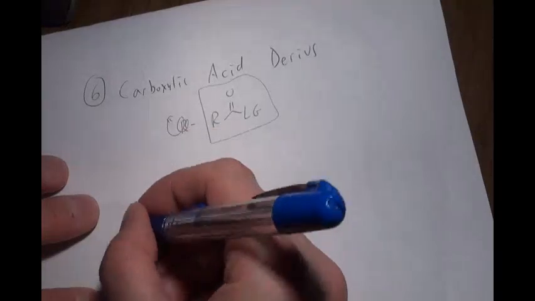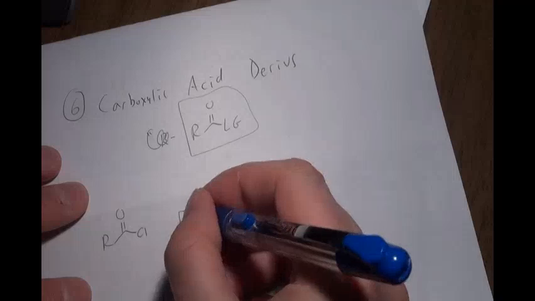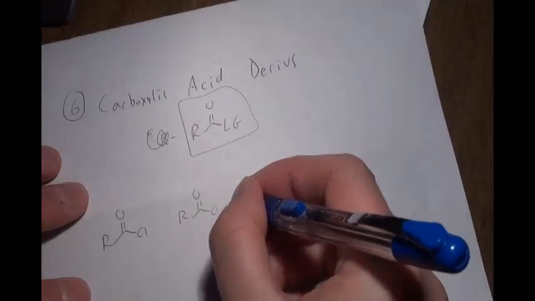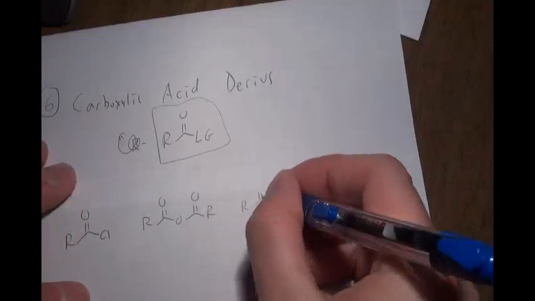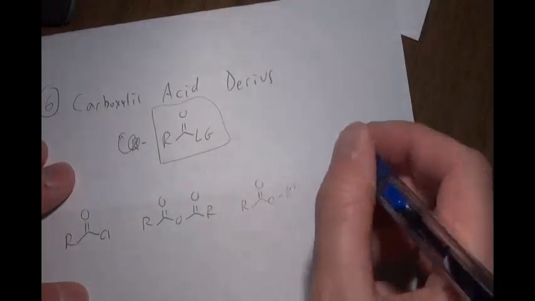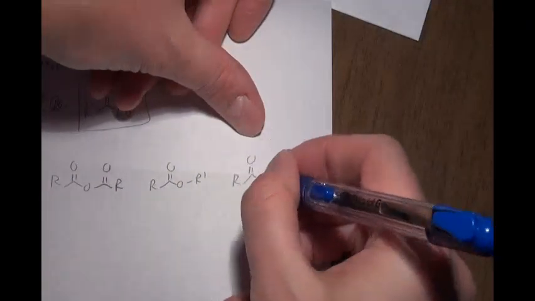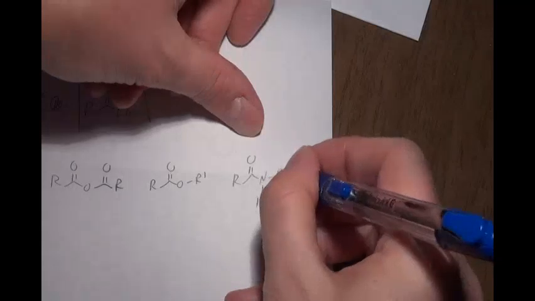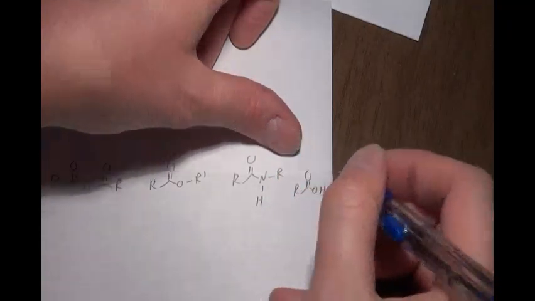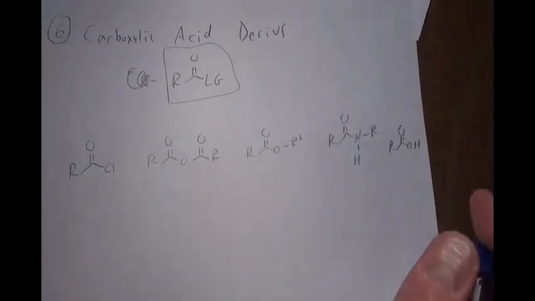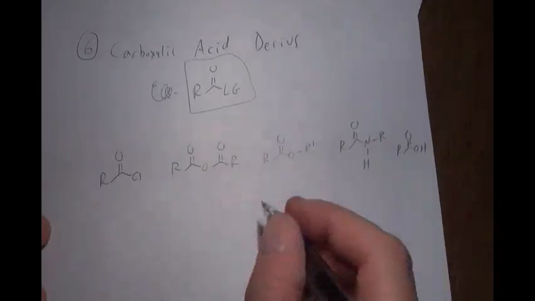Okay, so let's just make a list. So next time you'll know what I'm talking about. And give them names. Okay, so these are the main carboxylic acid derivatives that we're going to talk about in this class. Let's just give them all names.